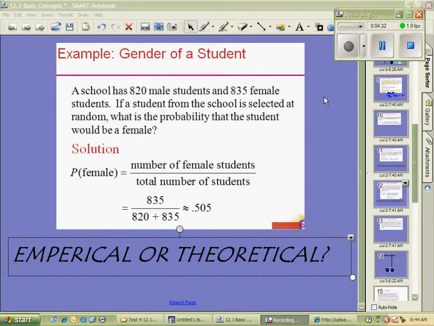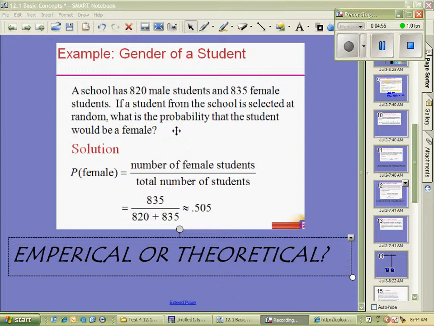Okay, let's see. Gender of a student. A school has 820 male students and 835 female students. If a student from the school is selected at random, what is the probability the student will be a female? Well, first thing is, what's my total population? Sometimes in these problems, you've got to find your total based upon what they give you.